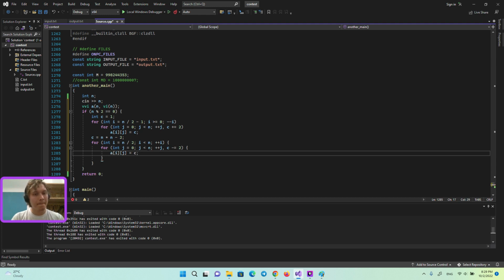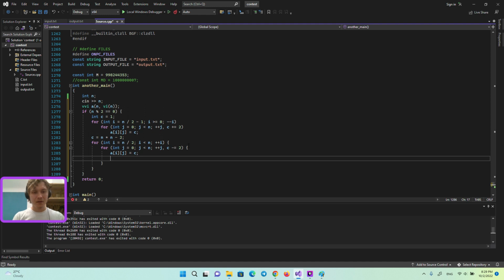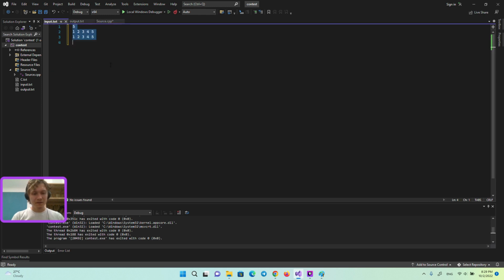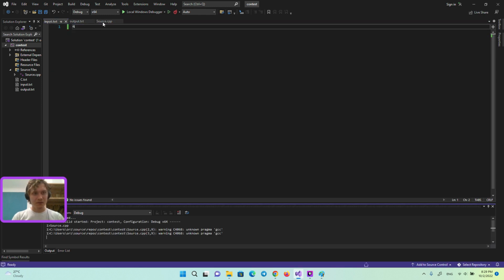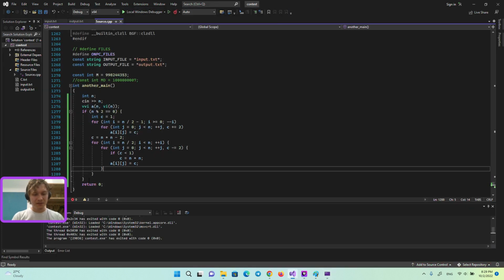And that will work, but if c is less than 1, then c equals n times n. Great. Let's try it for 4. I should also output the answer, please.